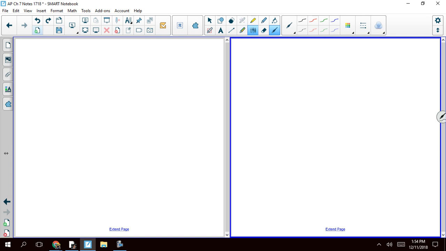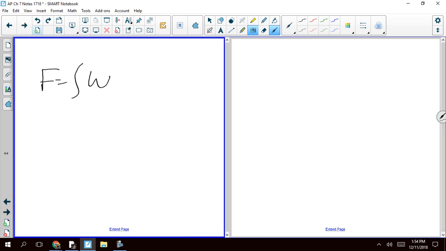Because later on, maybe getting ahead of ourselves, here's what we've learned so far: that force is the integral of work with respect to x. Just note future things to come. Eventually, we're going to figure out that force is the... no, I'm sorry.